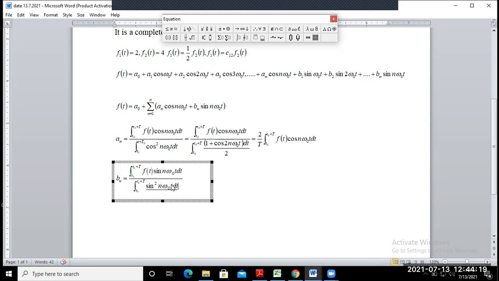Okay, so again this sin square n omega naught t can be replaced by 1 minus cos 2 n omega naught t divided by 2.